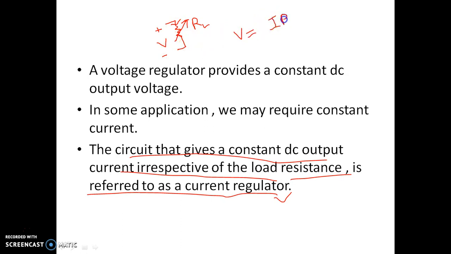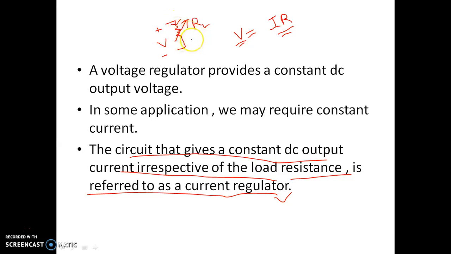So when the voltage across the resistor is constant, I is proportional to 1 by R, an inverse relation, so when the resistance increases current decreases, and when the resistance decreases current increases. But suppose the voltage across RL is constant and RL is varying, we still want a constant current flowing through this circuit.